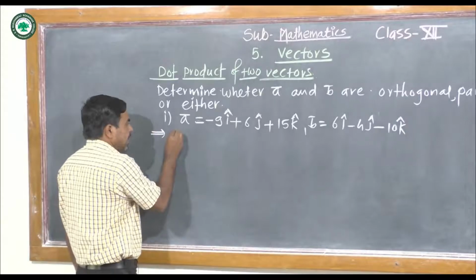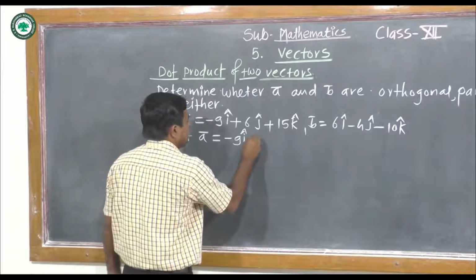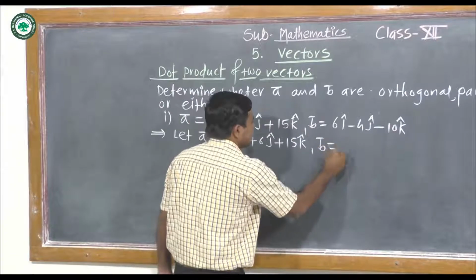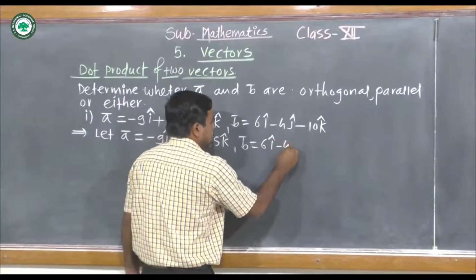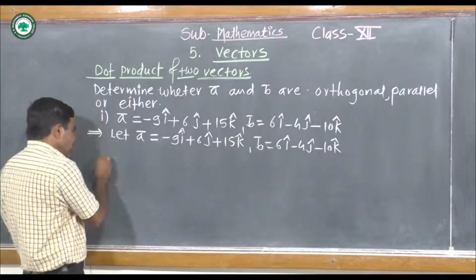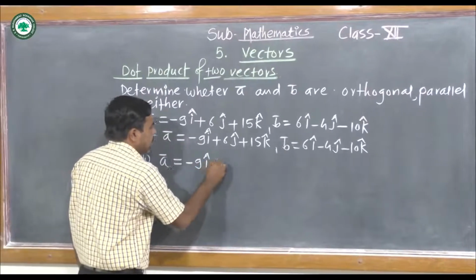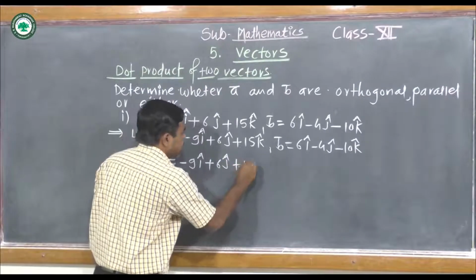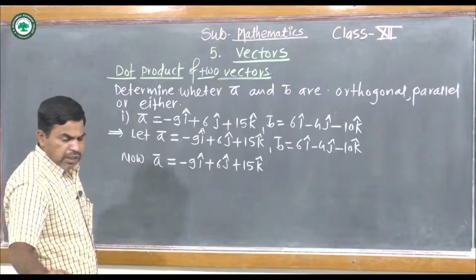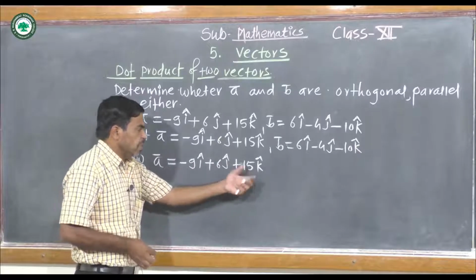So let's see, let A bar is equal to minus 9 I cap plus 6 J cap plus 15 K cap, and B bar is 6 I cap minus 4 J cap minus 10 K cap. Now from each term, here it is minus 9, 6, plus 15.